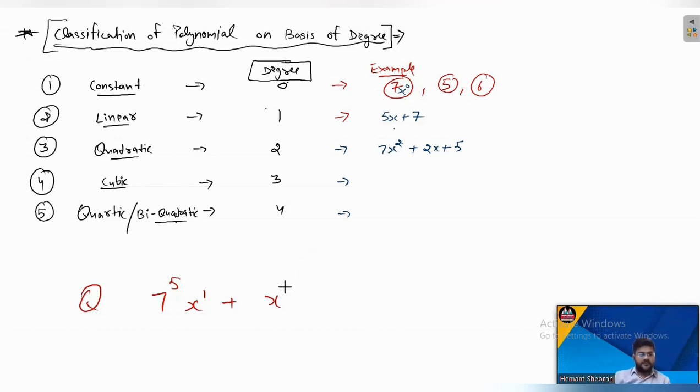If I put the power as 2, what is it? Quadratic. Yes, I think it's quadratic. You're correct.